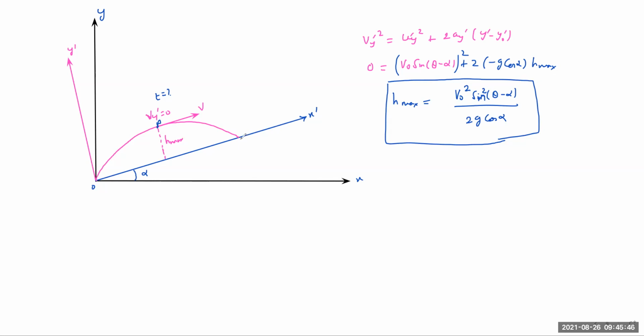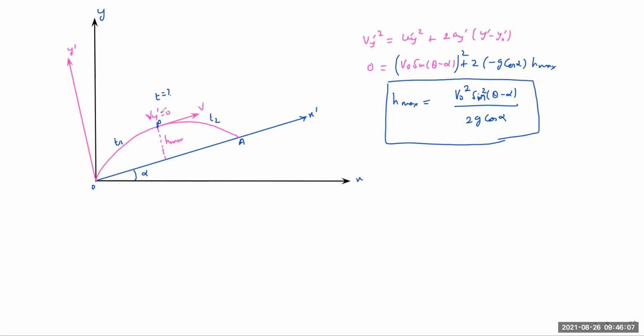We never say this. This is always wrong. This time T1 and this time T2 are not the same, because there is an acceleration in the x dash direction which will decelerate you. So every further journey will have slower velocity. So T1 and T2 cannot be same.